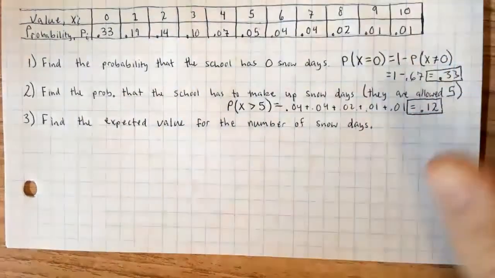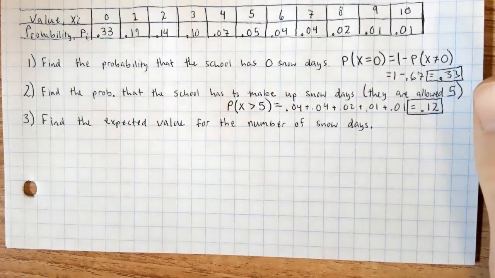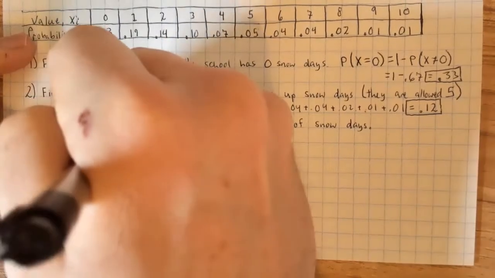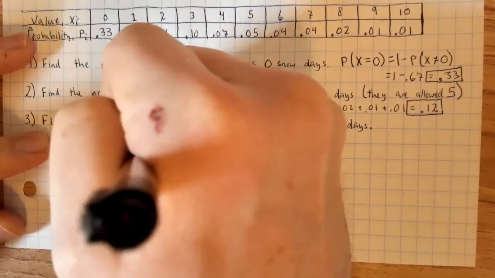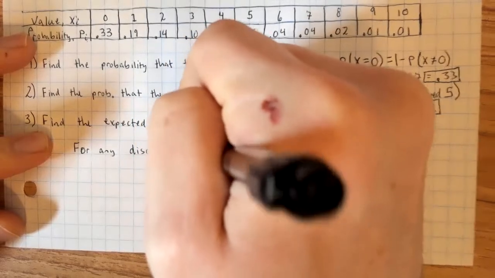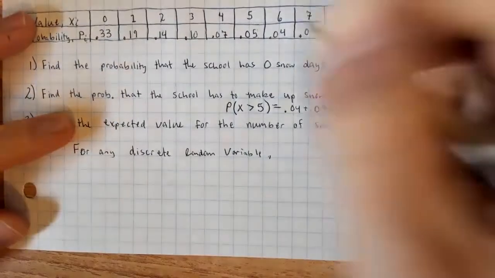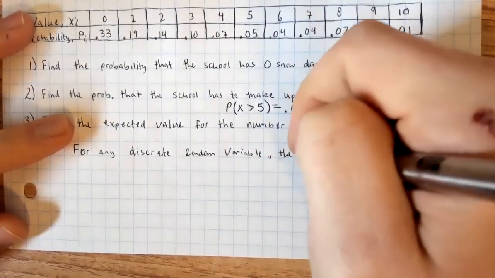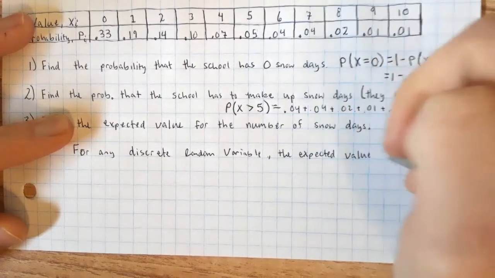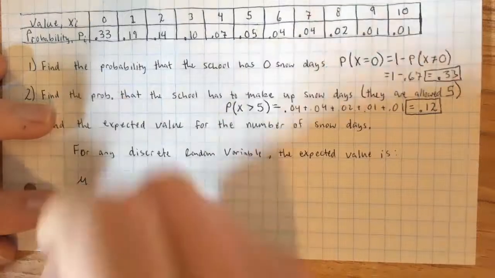So number 3, find the expected value for the number of snow days in any given year. To do this, we have a formula for any discrete random variable. The expected value is, so here's the symbol for it, the mean.